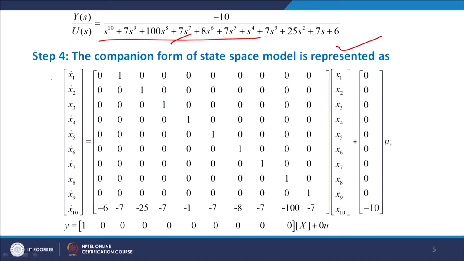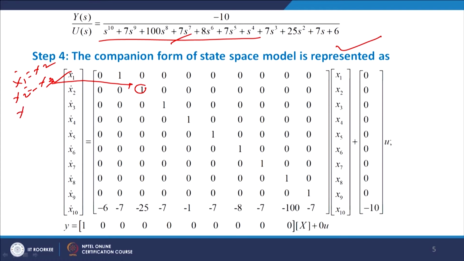So, we write x1 dot, this is 0 1. What we have done here: x1 dot equal to x2, that is why it is written as 0 1. Then x2 dot equal to x3, so we have got 0 0 1. Here this element 1 corresponds to x3.